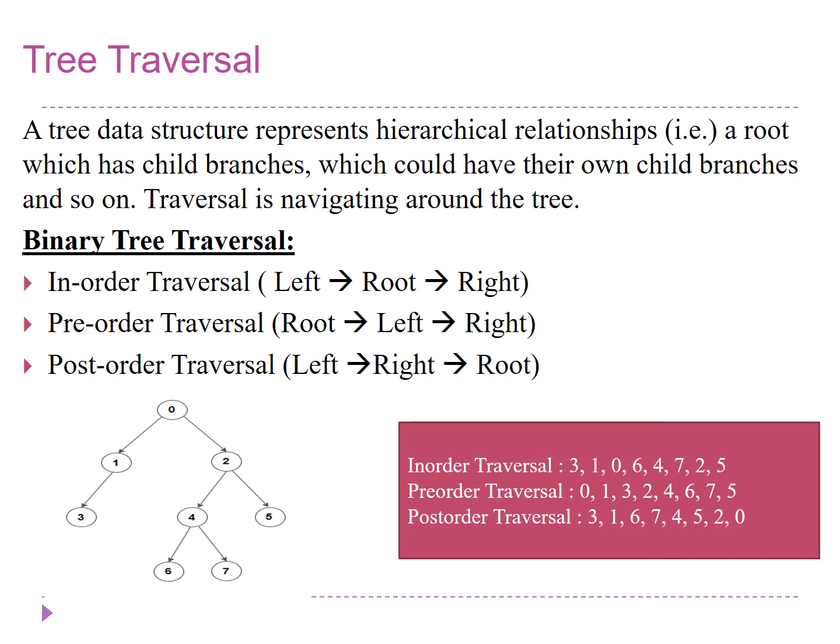Similarly, for the post-order traversal, we process the leftmost node, followed by the right node, and then the root. Hence, the root of the tree 0 is processed at the end.